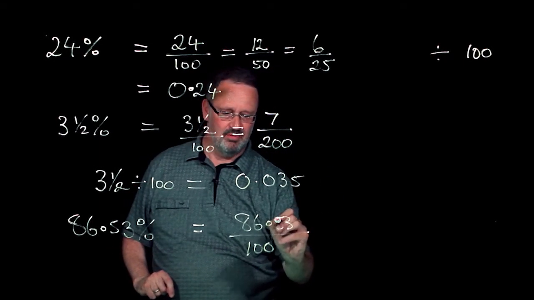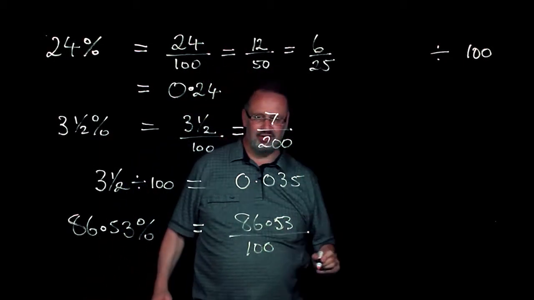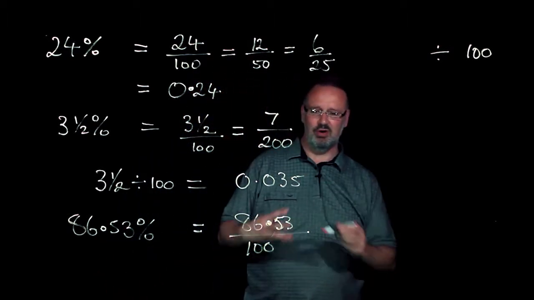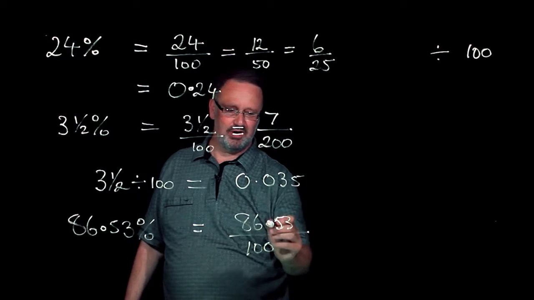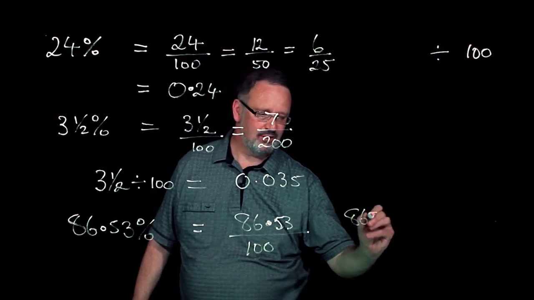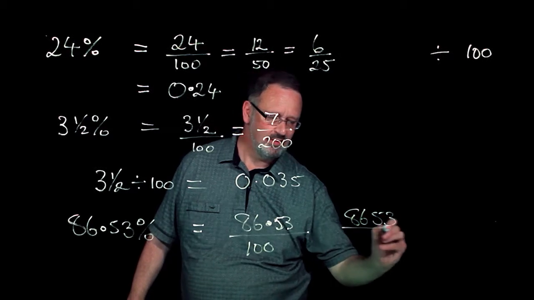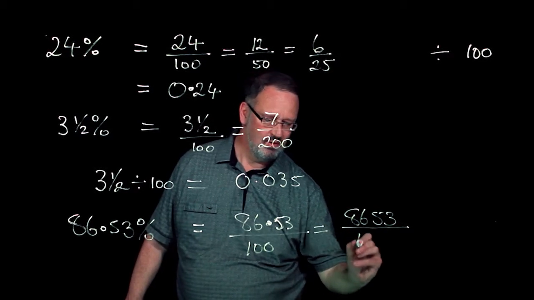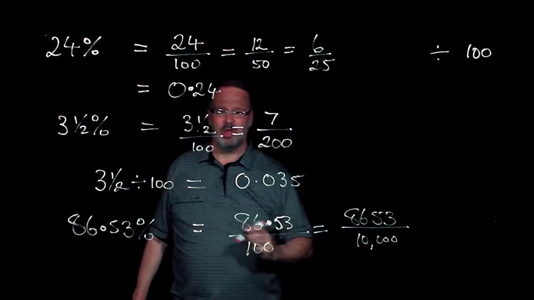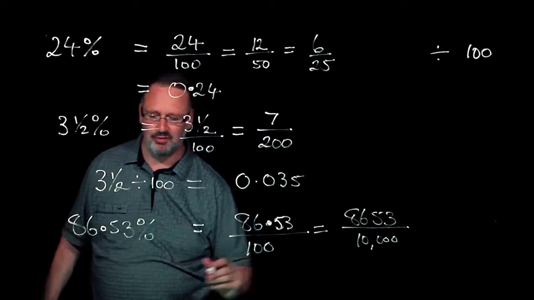If I now say, okay, this is an untidy fraction, what do I need to do to turn this into a more sensible fraction? I could multiply the top by 100, giving me 8653 divided by 10,000, or that's my fraction.